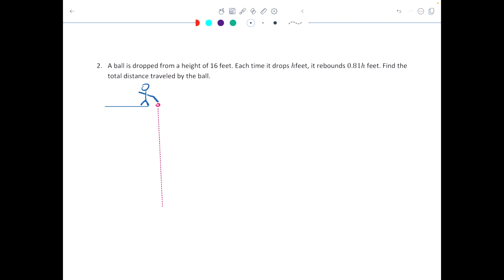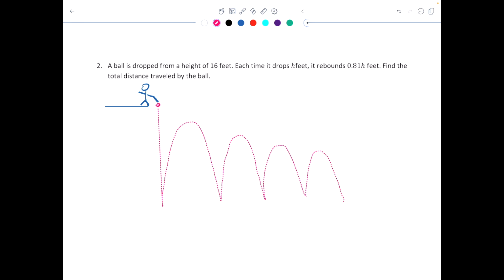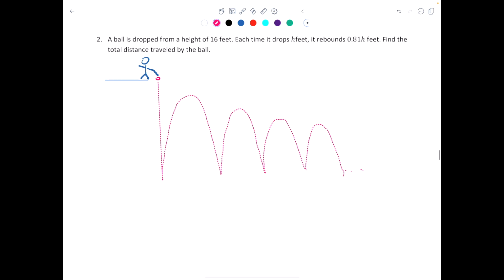And then it's going to bounce. And it says that it bounces up 0.81 times h feet. So the first time it bounces, it's going to be about 80%, and then about 80% of that, and so on. Yes, I'm not an artist. And it keeps going until it stops bouncing.